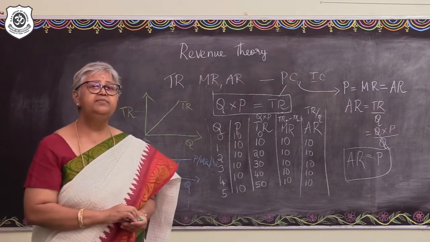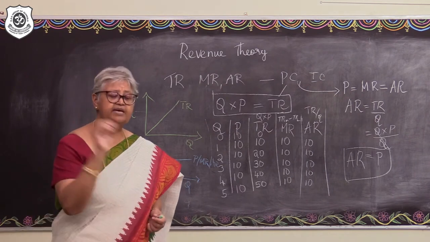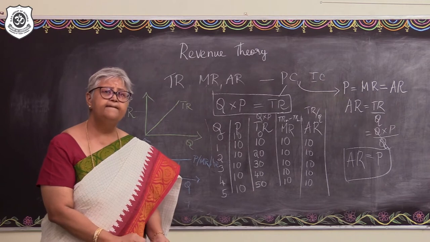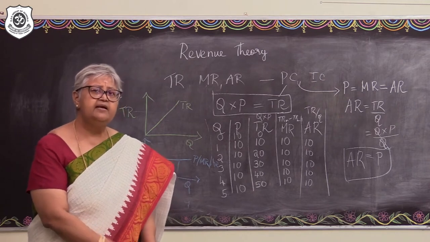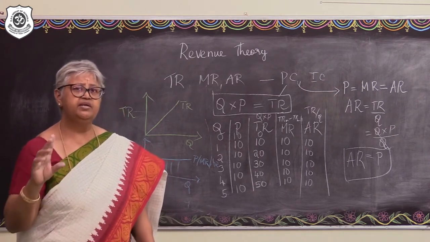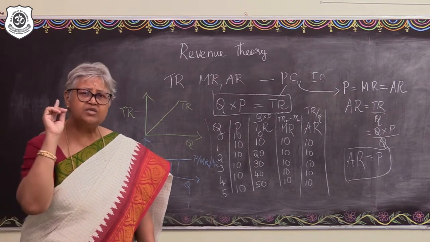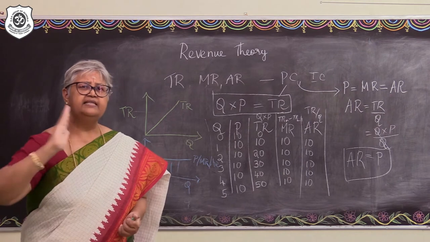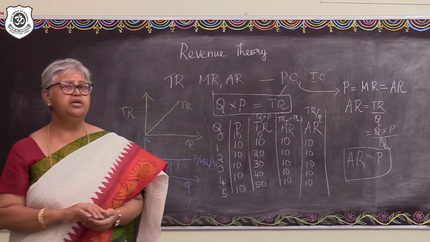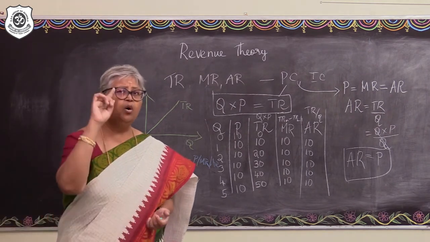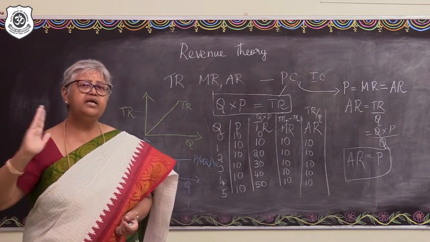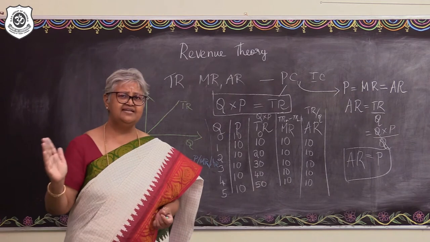But right now, let me give you an understanding just about the price. In an imperfect market, price changes, and it is only when the price falls that more can be sold. Let me repeat. Only when the price falls, then the quantity sold might increase.